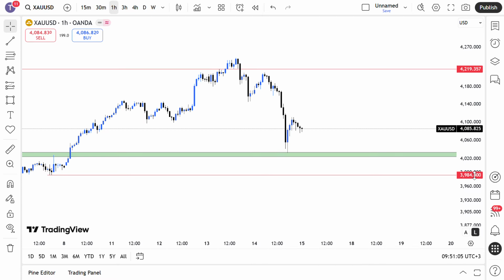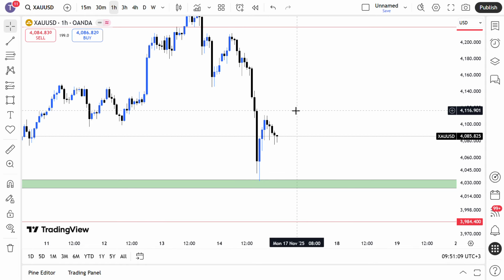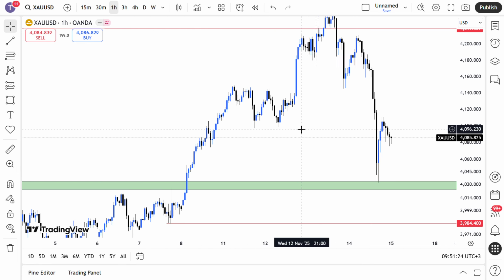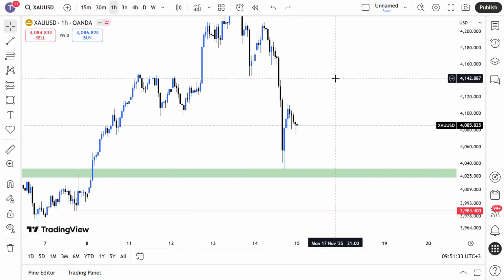So the most important thing is to have the bias, have a clear understanding of where the market is moving towards. Because I think the price must at least try to fill these fair value gaps that remained on this side. I think the price will try to have a pullback into this area at least and retest this support and resistance area once again before I look for more buys to the upside.